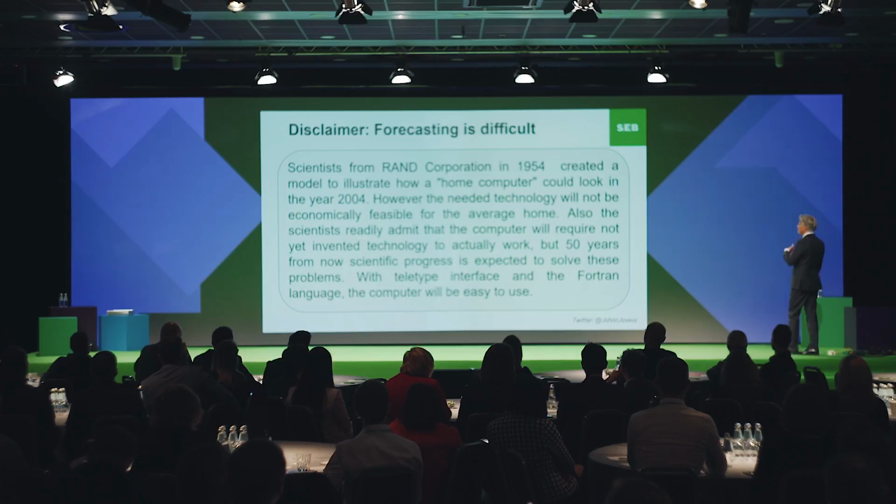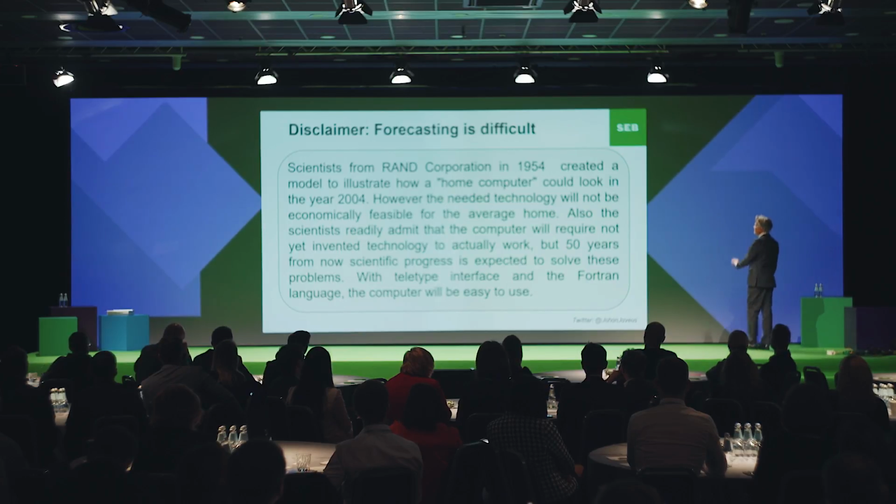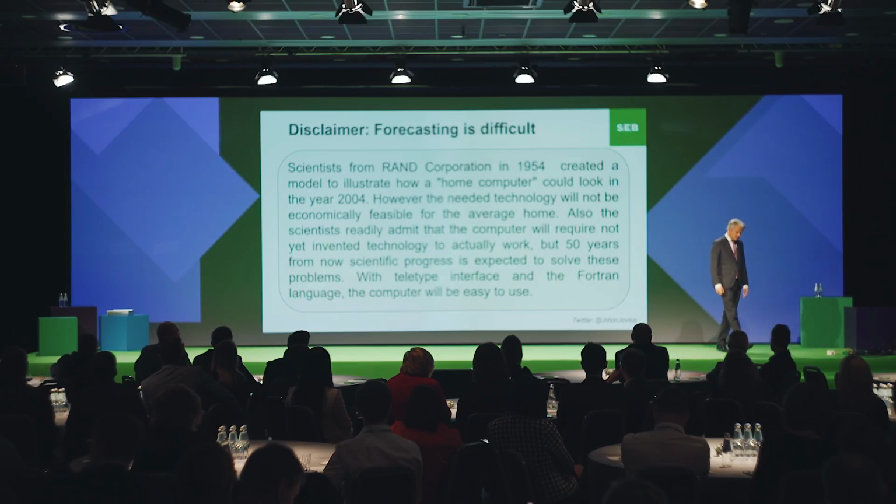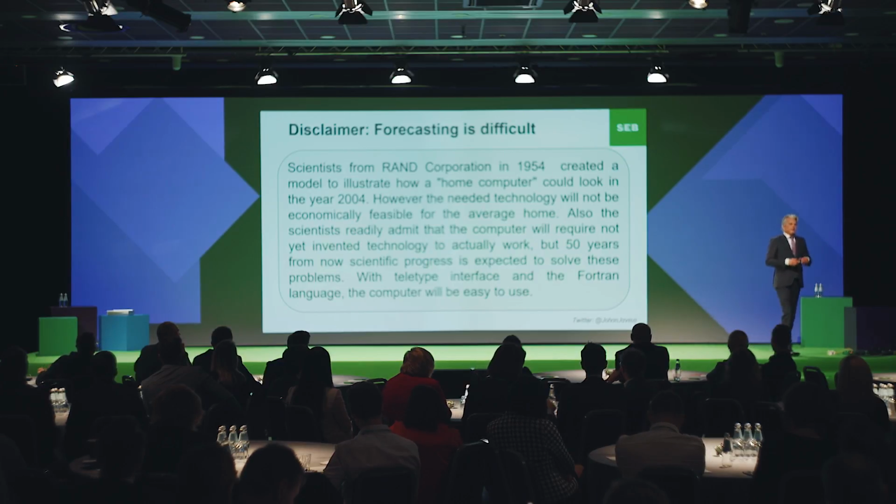They sat down and thought hard about this problem, and they came up with all these things which they expected to happen. And then they built this computer. Of course, it didn't work, but it was a physical representation of how they envisioned the computer to look.